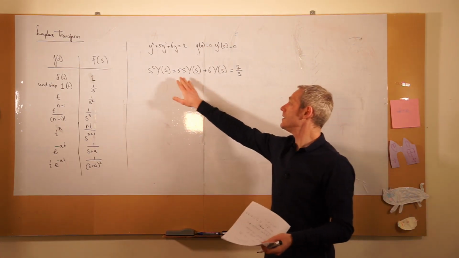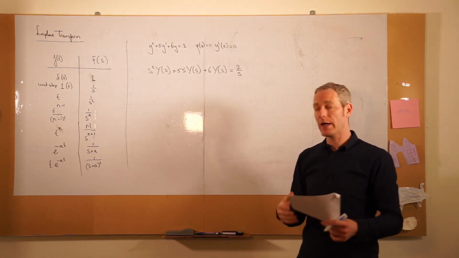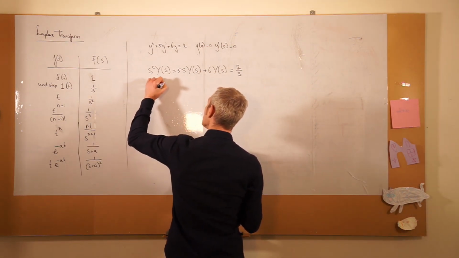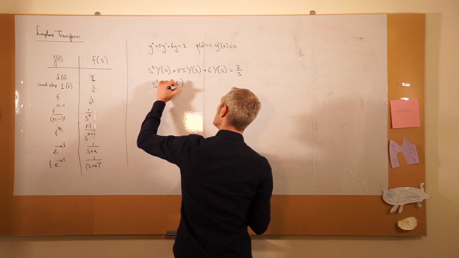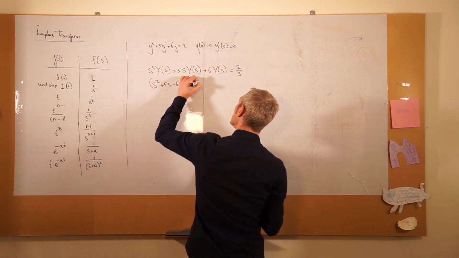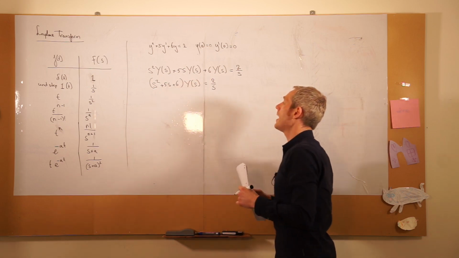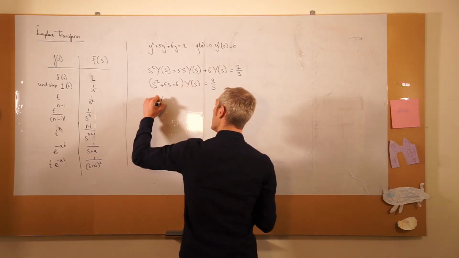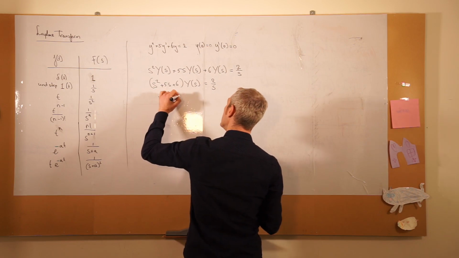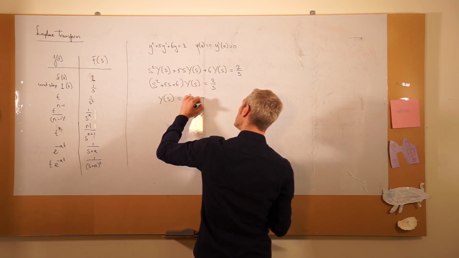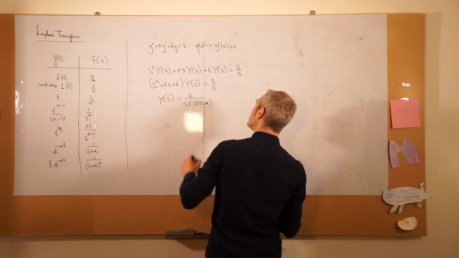Again, we take these terms and group everything with the Y of s, which on the left hand side is everything. S squared plus 5s plus 6 times Y of s is equal to 2 over s, and we can write our Laplace transform of y as 2 over s times s squared plus 5s plus 6.